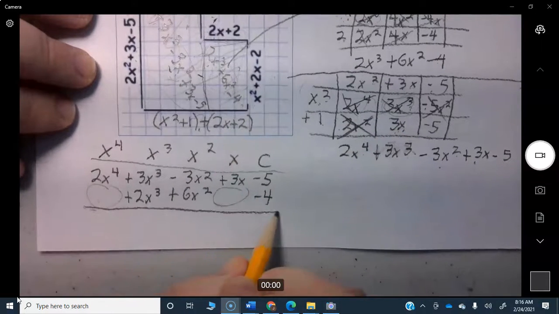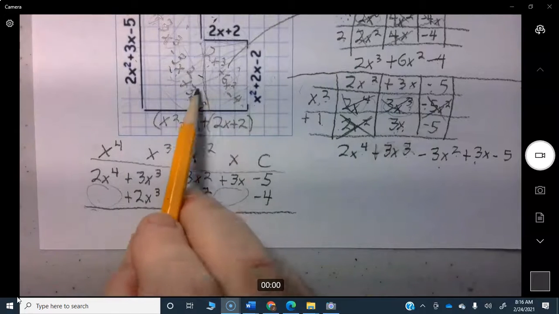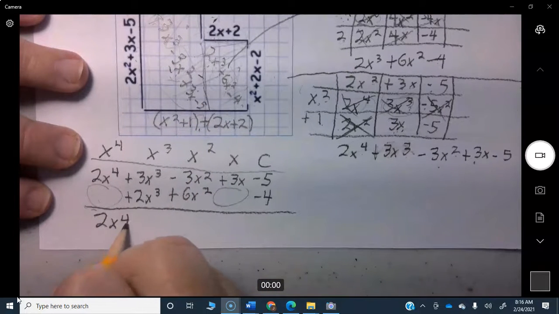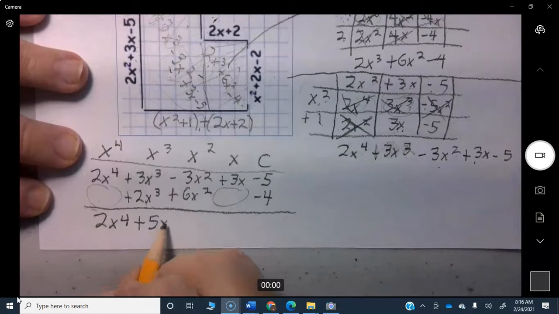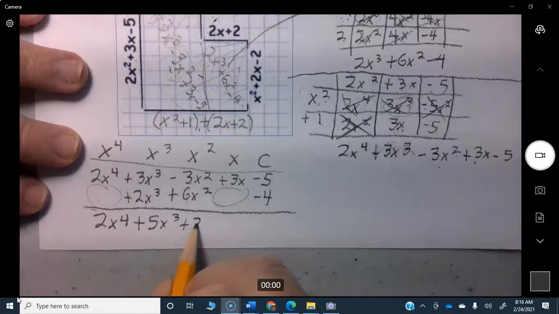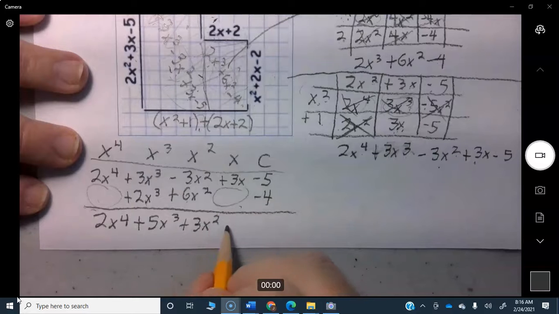And now you simply add to get your final answer. This plus this. So it's 2x to the 4th. 3 plus 2 is 5, 5x to the 3rd. Negative 3 plus 6 is positive 3x squared. 3x plus 0 is plus 3x.